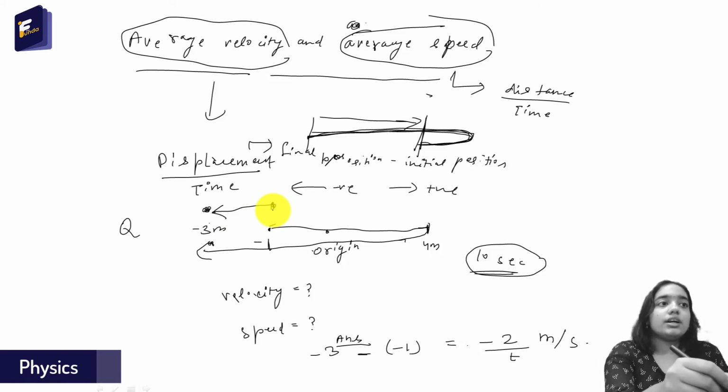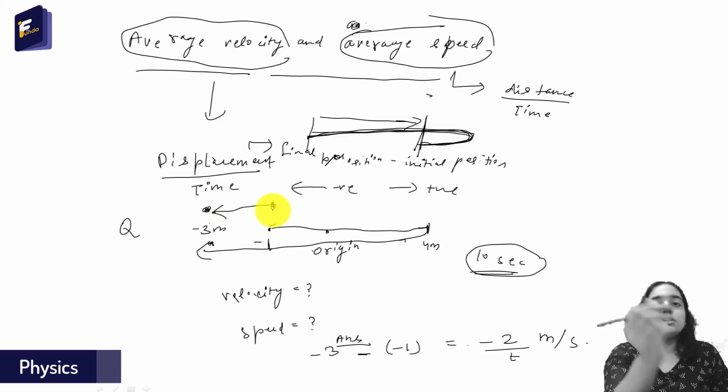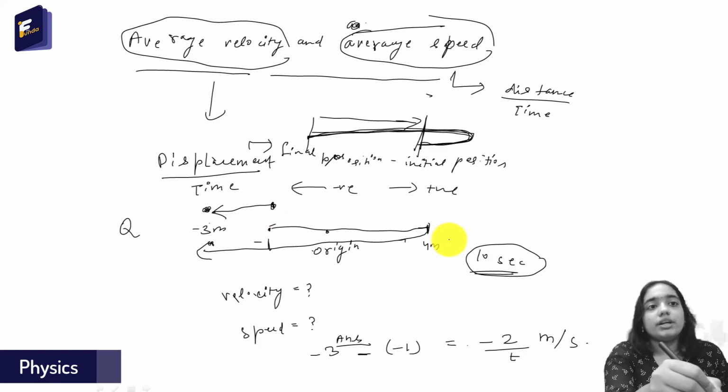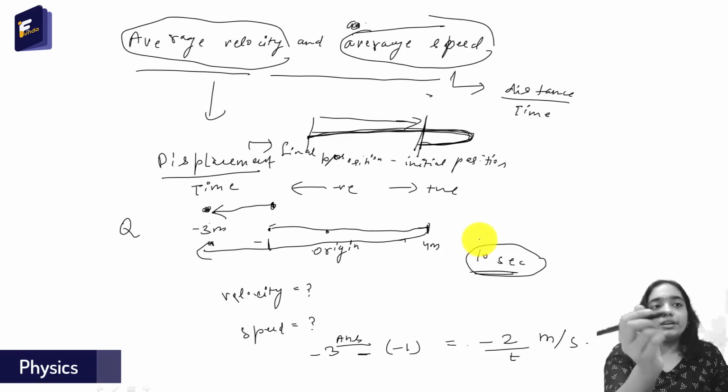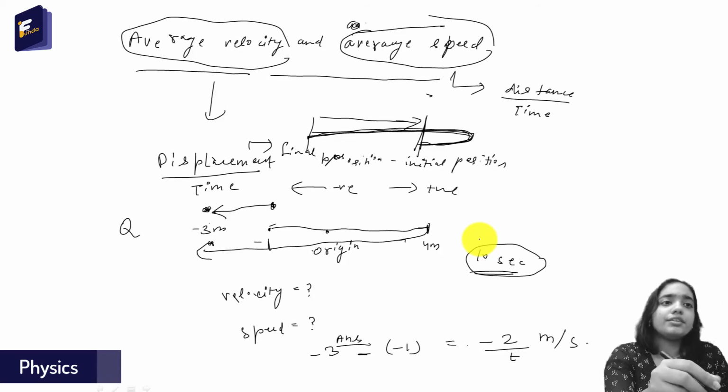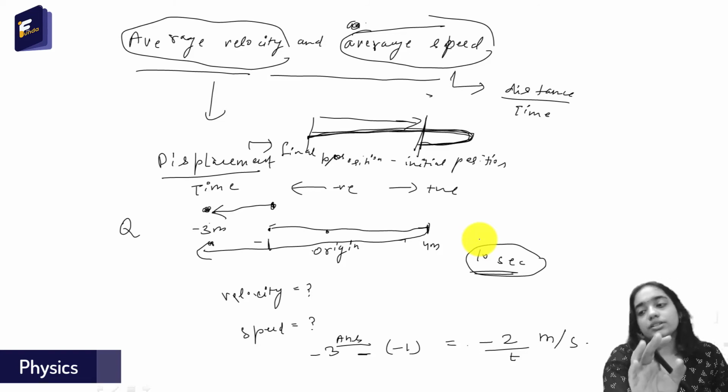That is why the average velocity is also along that direction, the left. That is the significance of this minus sign. It shows that the particle went in the leftward or negative direction, and its average velocity was 2 by t or 2 by 10 meter per second.